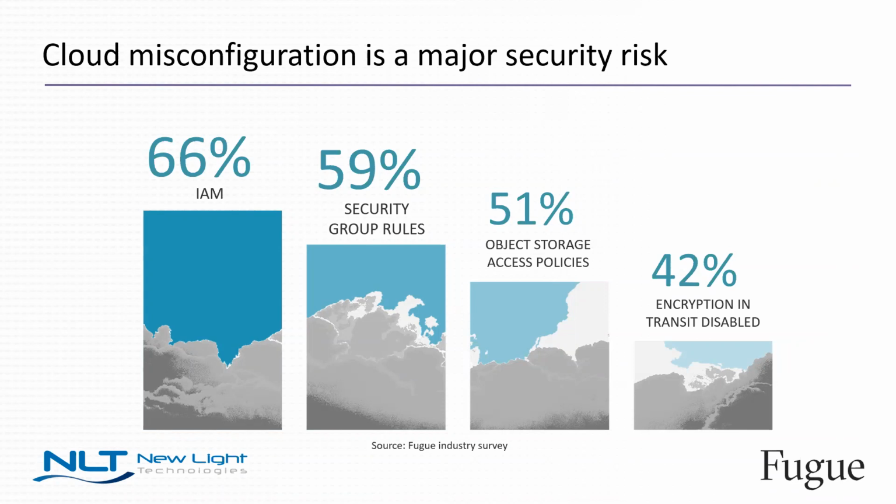So they're actually much more dangerous than in the data center days. Number two, security group rules. That's like firewall rules. Definitely a big thing to be concerned with. Object storage access policies next, right? We always read about, or we often read about S3 buckets getting breached. Well, a lot of times that's due to bad IAM and security groups as well. So these are related. And then finally, encryption in transit disabled, obviously bad for lots of reasons.